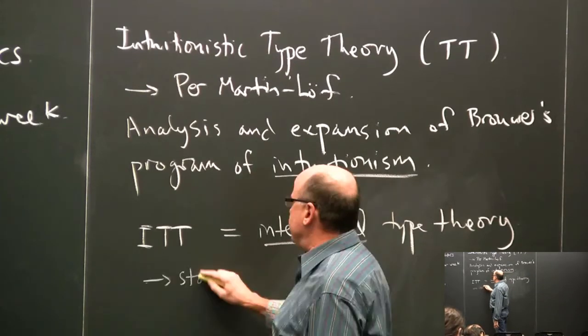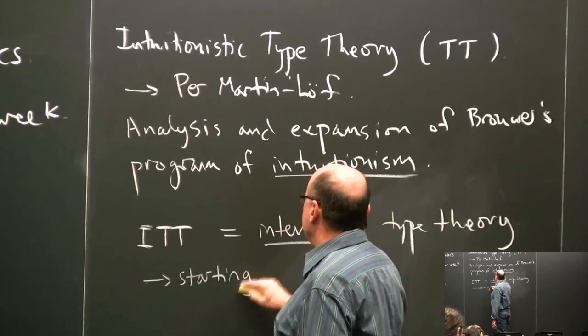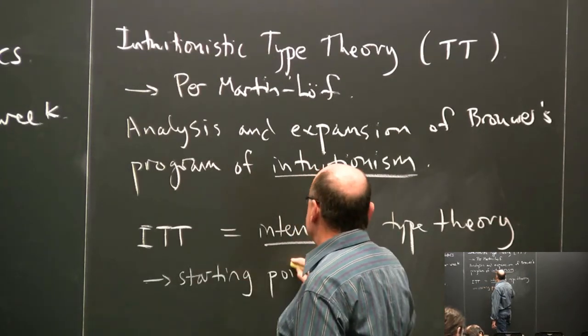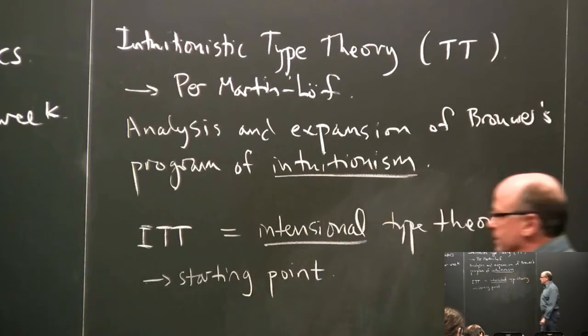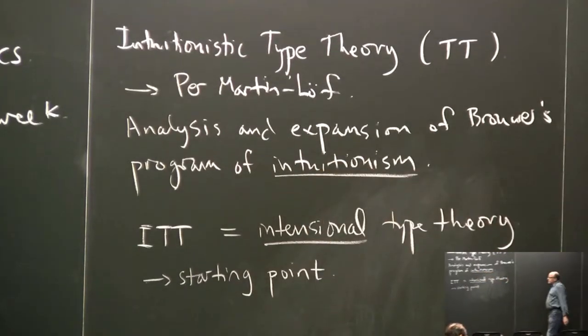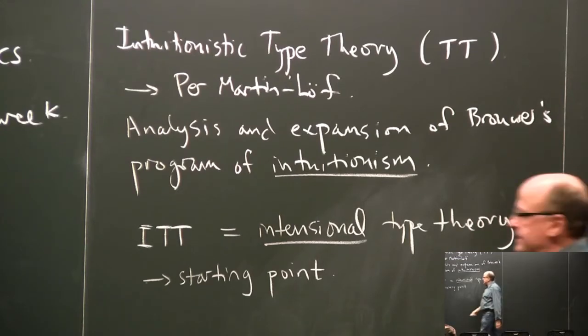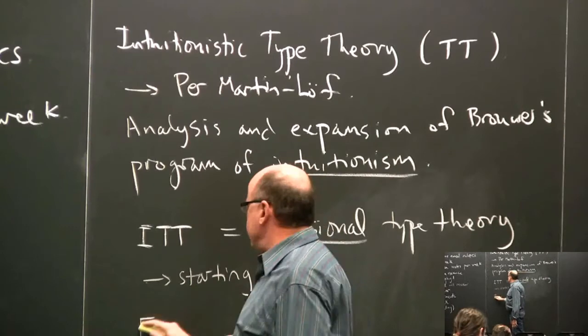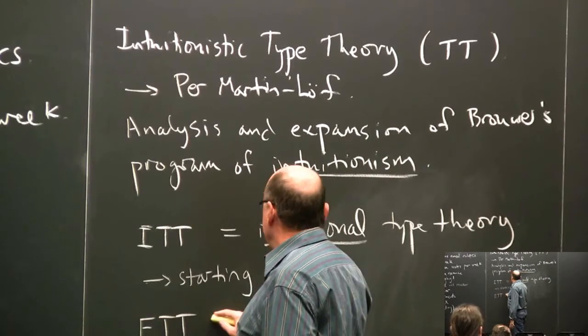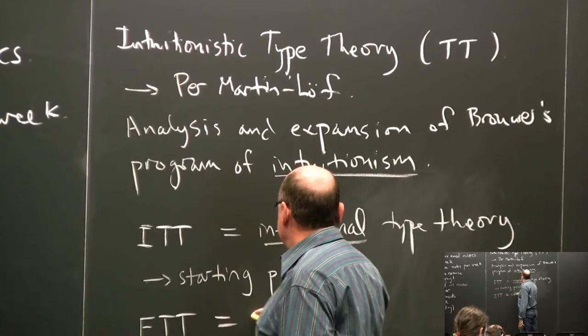The reason it's a nice starting point is that various other forms of type theory can be seen as elaborations or extensions of ITT. So in particular, there's another type theory called ETT, which stands for extensional type theory.